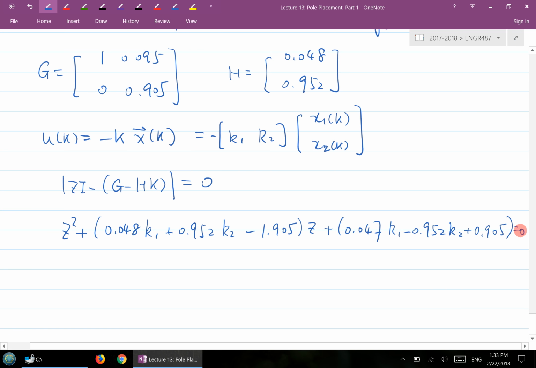So you get the actual second order characteristic equation for the system, involving this k1 and k2 here.